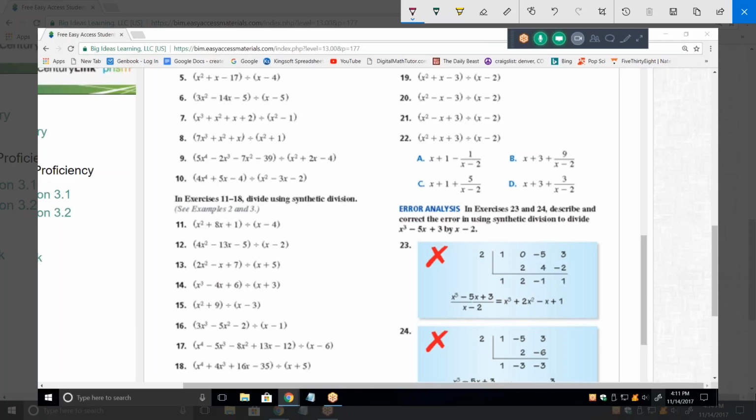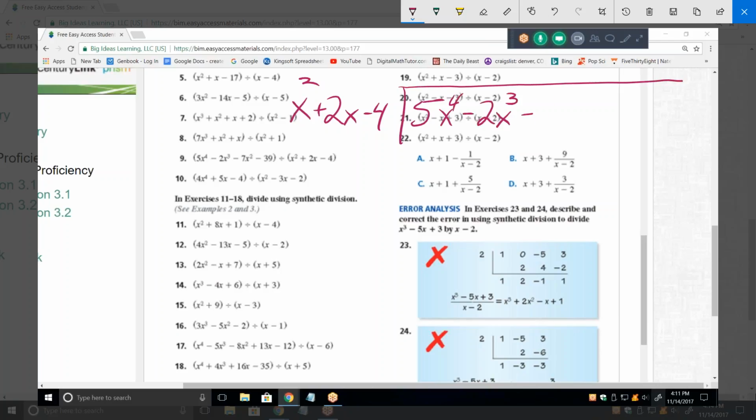Now, this one, I don't know how to do this by synthetic division, but we should be able to do it by long division. As long as I don't run out of page.